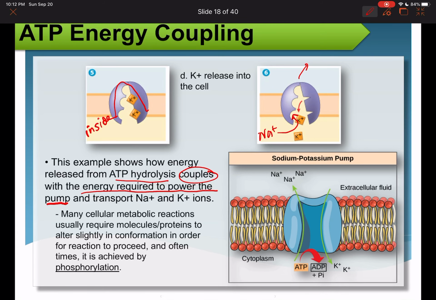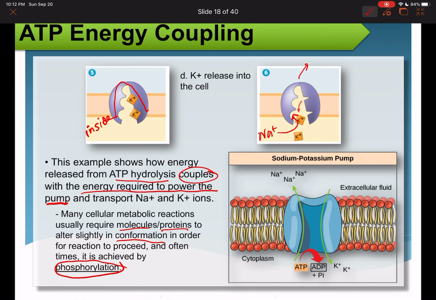Many other cellular metabolic reactions usually require molecules or proteins to alter their conformation slightly in order for a reaction to proceed. And oftentimes, like I was saying, it is usually achieved by phosphorylation: ATP hydrolysis to create ADP and an inorganic phosphate, and the inorganic phosphate gets attached to the protein itself. That's what phosphorylation means, to cause a conformational change, which will then drive the reaction to continue on.